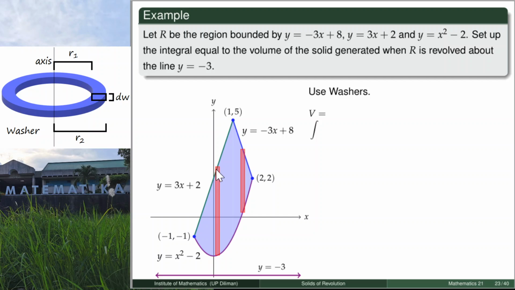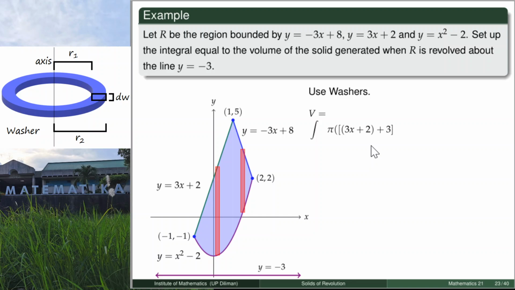So by the formula, we must have the outer radius. Okay? What is the outer radius? This is vertical distance. So y up minus y down, where y up is the farther end of the rectangle, so 3x plus 2, minus y down is the axis, so it's plus 3. Okay? So minus -3 is plus 3.